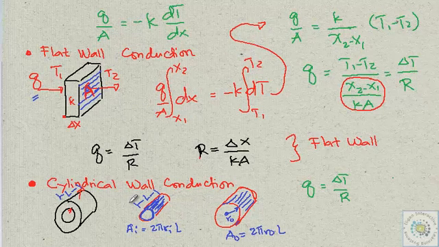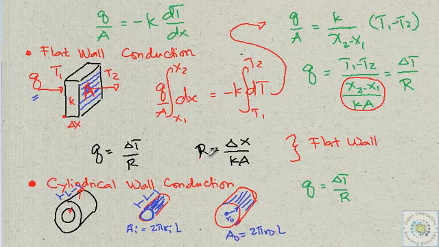You can look at the book, because I don't want to make this discussion really longer. What I would like to show here is how we can treat these two types of heat flow, the flat wall and the cylindrical wall, and unify them as a single concept. Now, Q will just be equal to delta T over R. But now, what will be the R for a cylindrical wall?